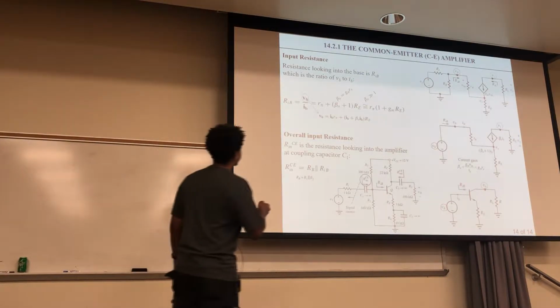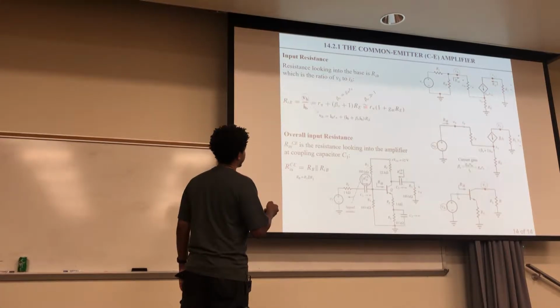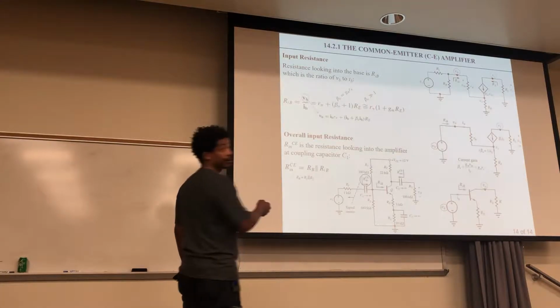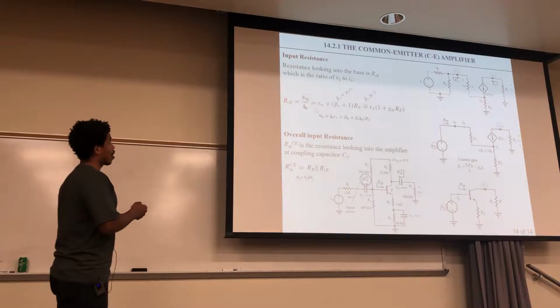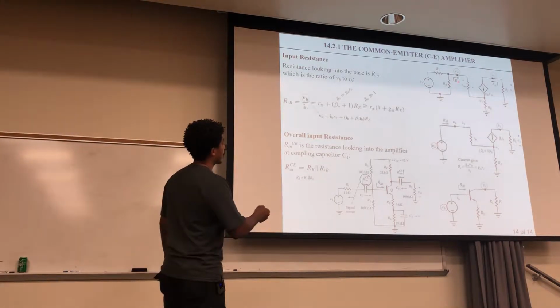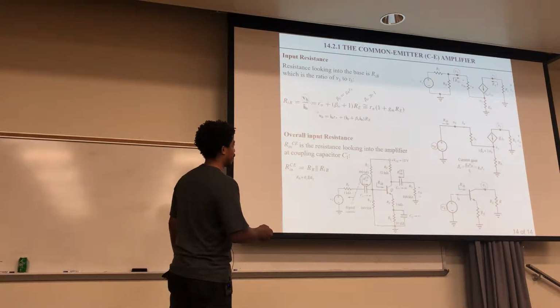And if you replace your beta 0 with this GM R pi, and then you can also assume that your current gain is much, much greater than 1, you end up with this expression right here. So that's what our RIB is, looking at it from your VB, or right here, in that direction.